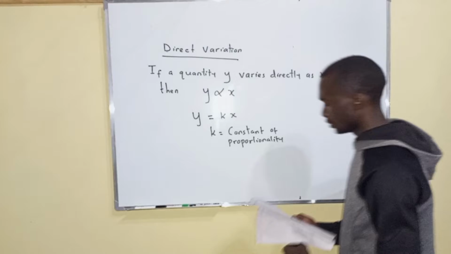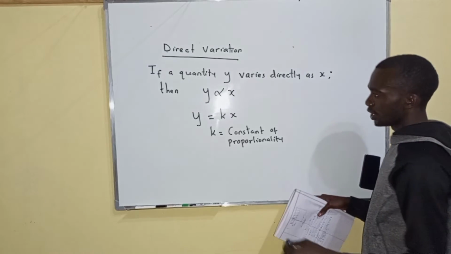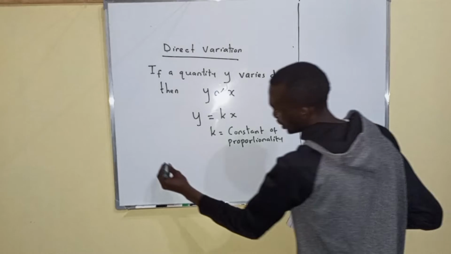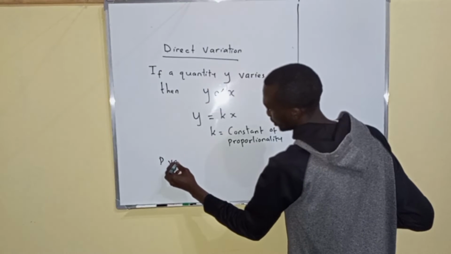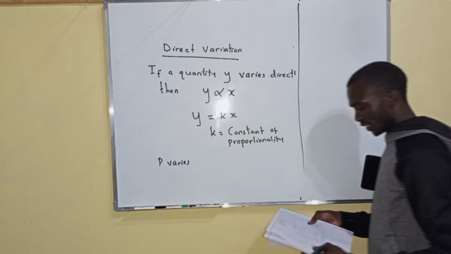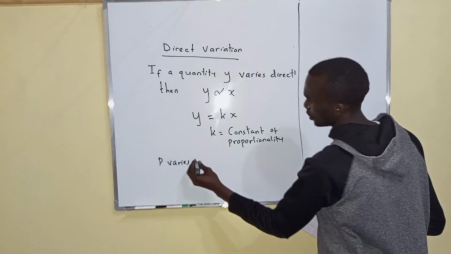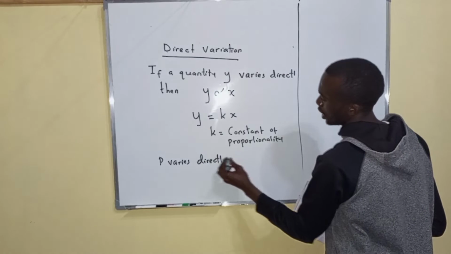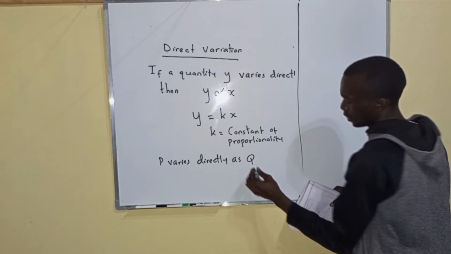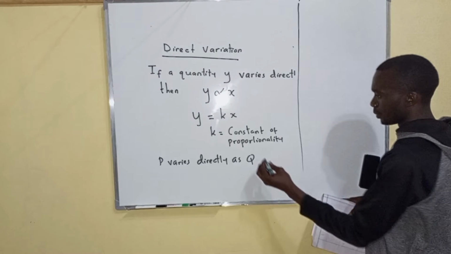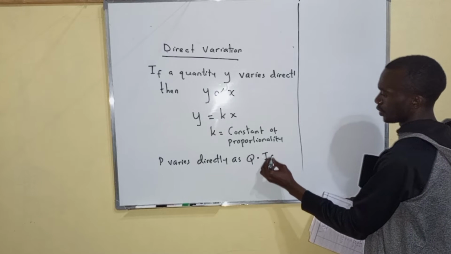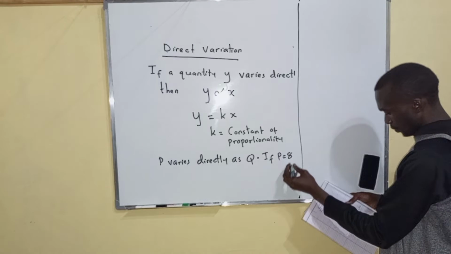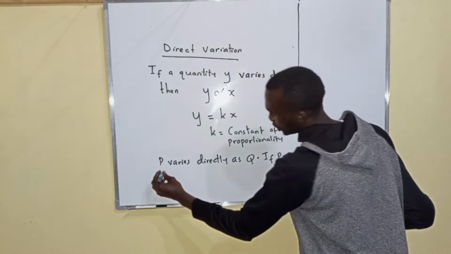An example: P varies directly as Q. If P is equal to 8, Q is equal to 48.